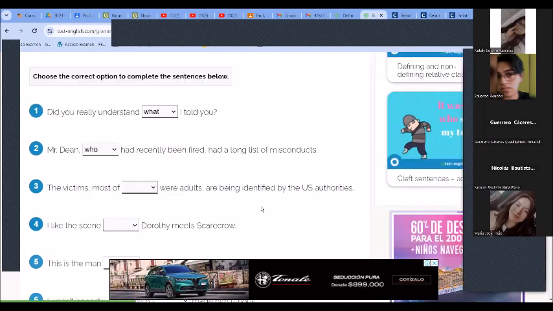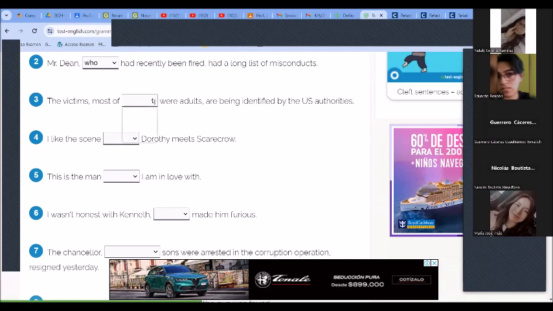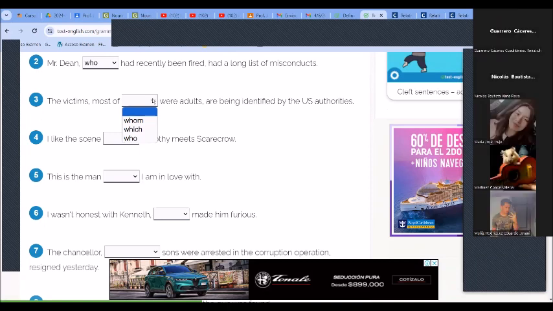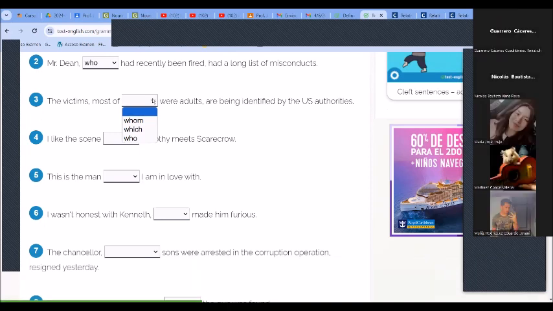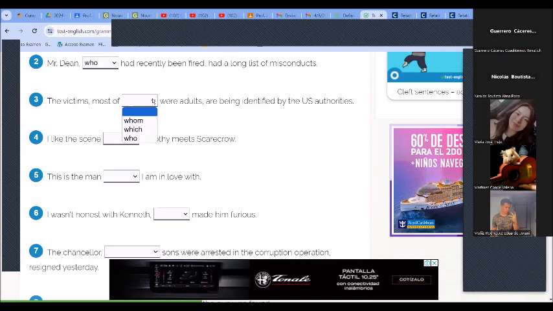Eduardo Rendon, number 3. The victims, which were adults, are being identified by the authorities. All right. Now, what do we remember about which?